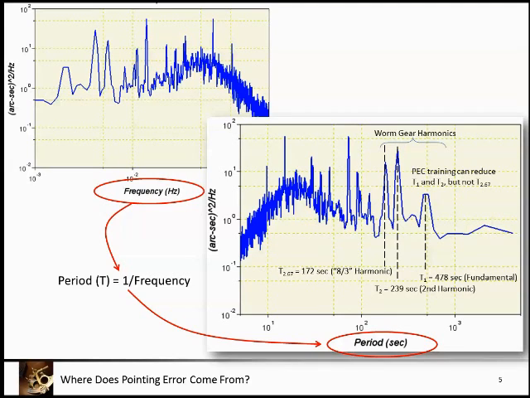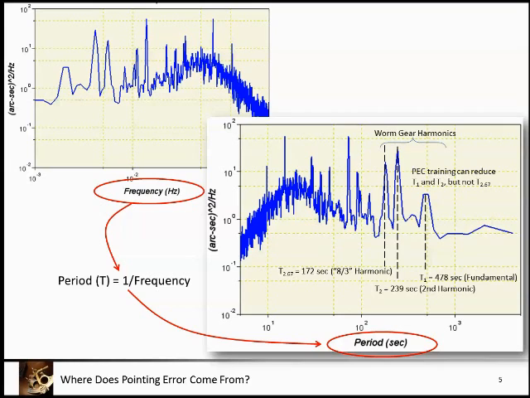But this gives us an opportunity. We can certainly see the presence of that harmonic. The second harmonic is clearly present. The first harmonic is significantly reduced, but this is because when I recorded this data, I was making use of periodic error correction. So that's why that fundamental period is as low as it is.